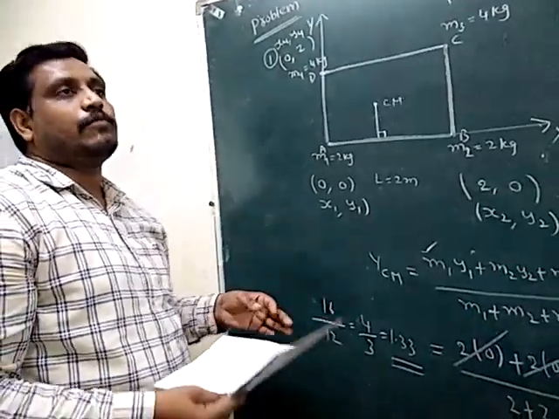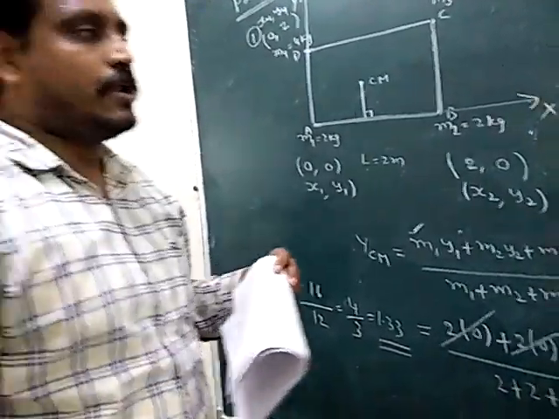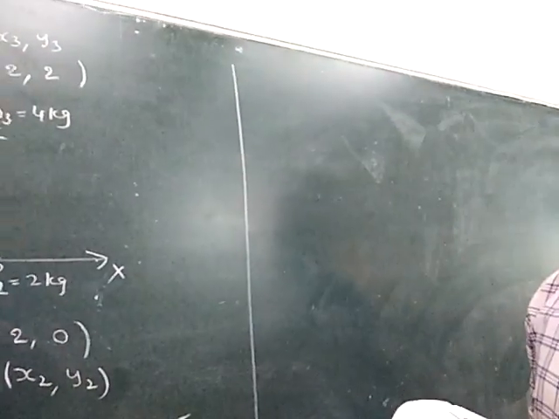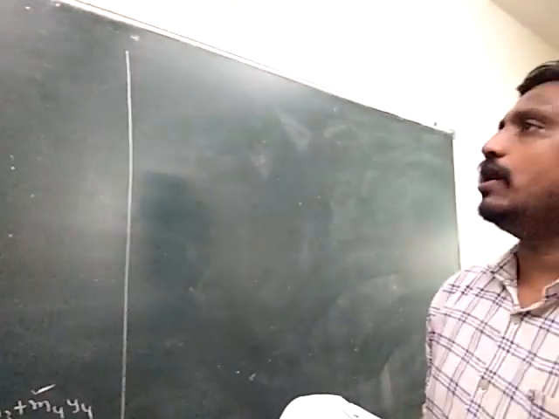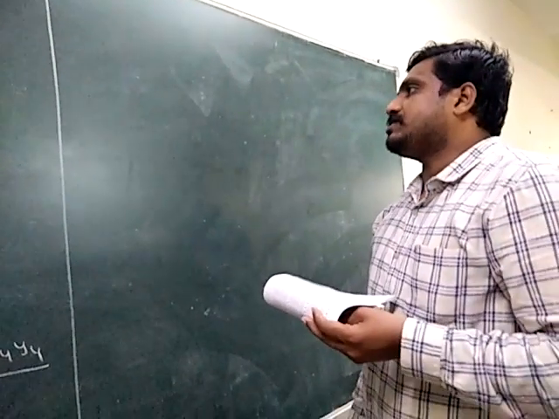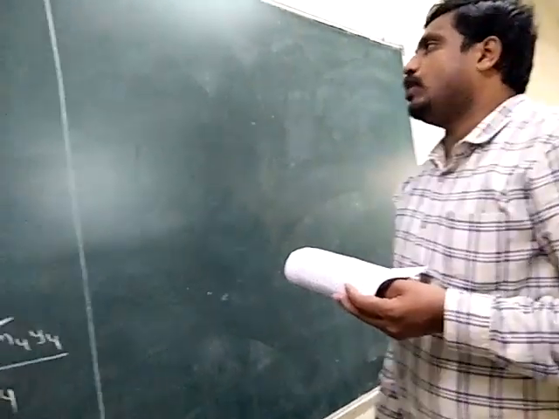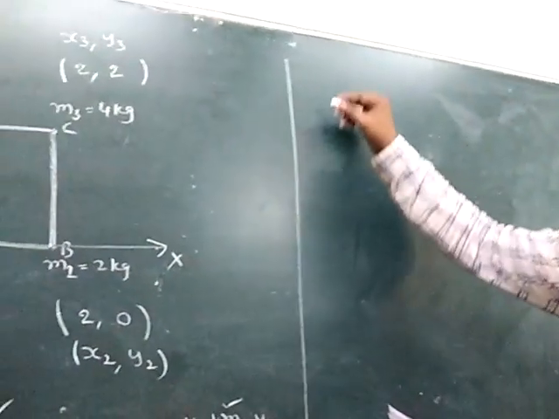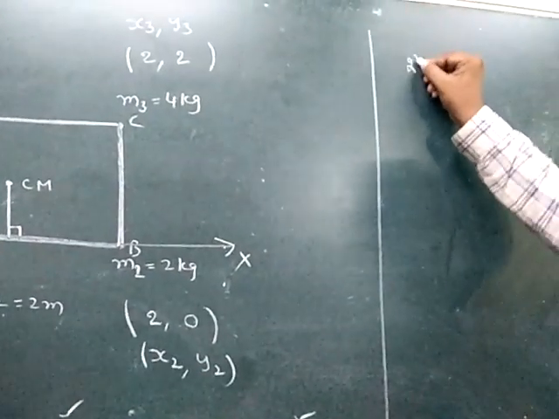YCM formula: M1 y1 plus M2 y2 plus M3 y3 and so on, by M1 plus M2 and so on. ZCM formula is M1 z1 plus M2 z2 and so on, by M1 plus M2 and so on. Okay? I discuss another method.